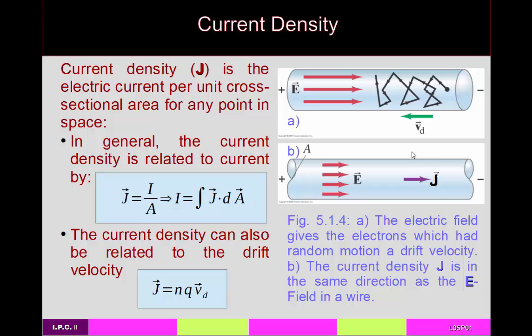Maybe it's a large bundle of wires. Again, you could have a wire dipped into a plasma, etc. And so in any of those cases, your current density is not going to be necessarily uniform for the entire space surrounding the wire or bundle of wires or wire and plasma.